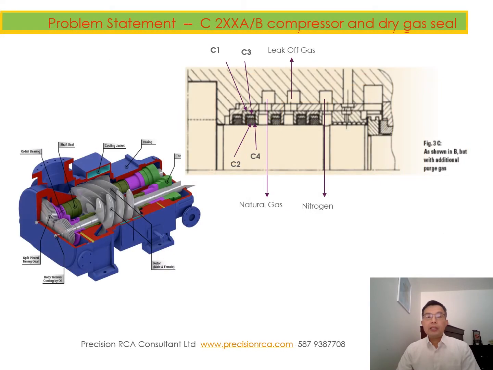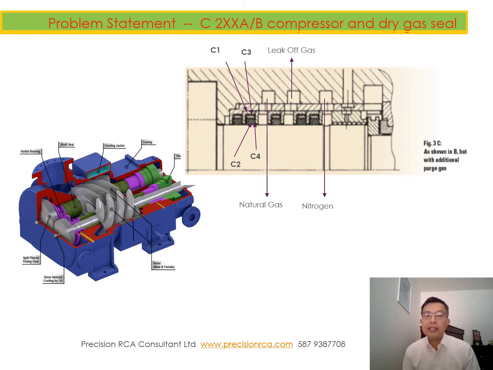So let's look at the design of this screw compressor and the shaft seals for these compressors. You can see that this compressor is a twin screw compressor with 4 shaft seals. On the right corner, you can see the 4 sealing points for the shaft seal. The left one is for natural gas.